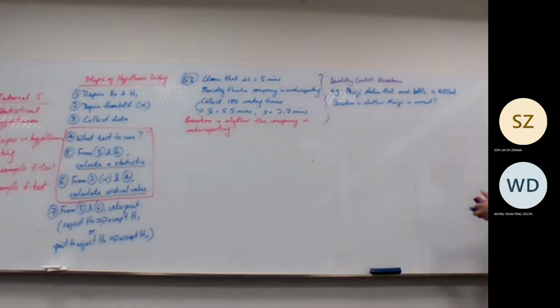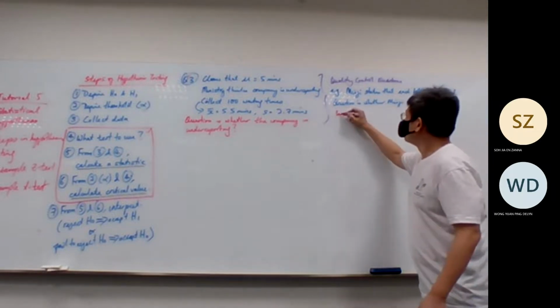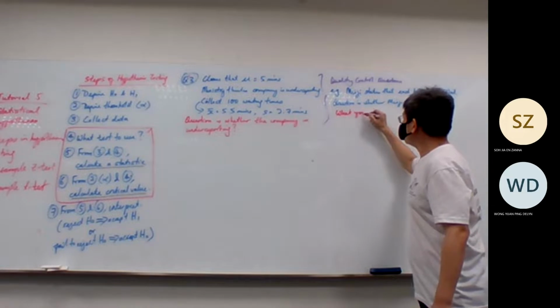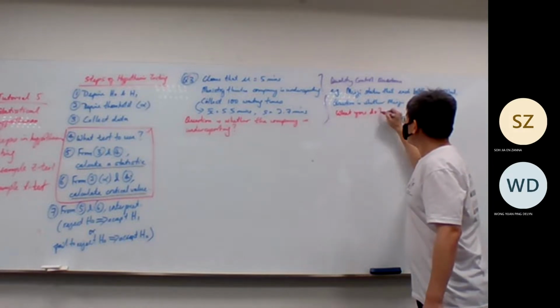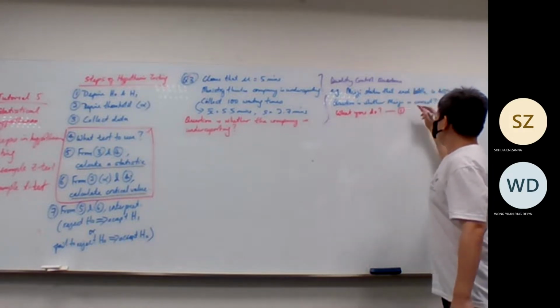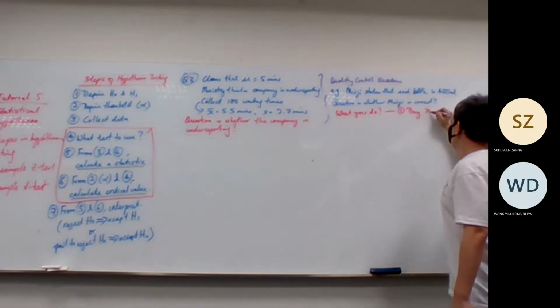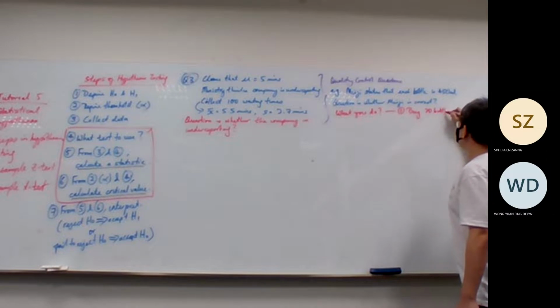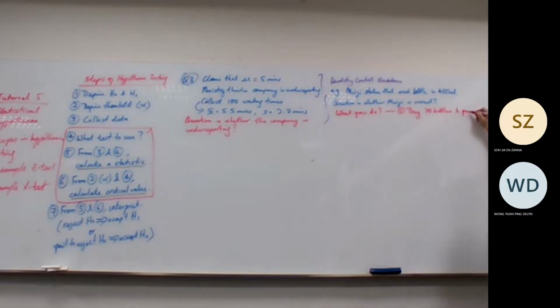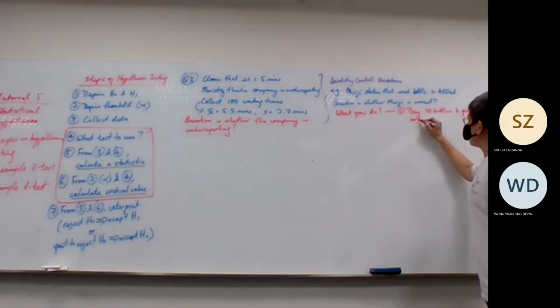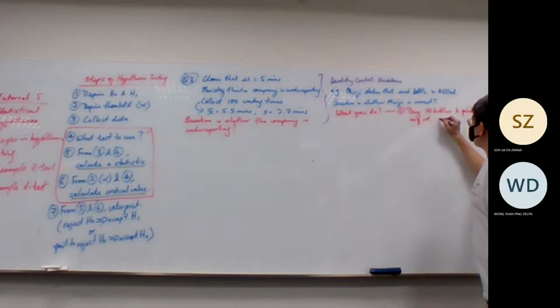So what do you do? You go and buy, let's say, 20 bottles and find out the average volume and the standard deviation of volume.